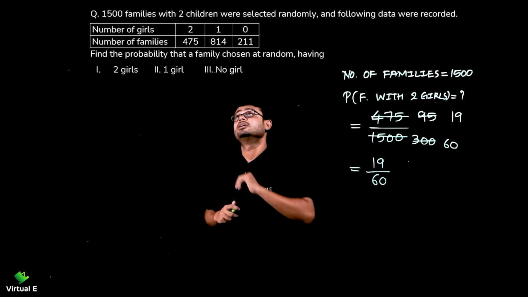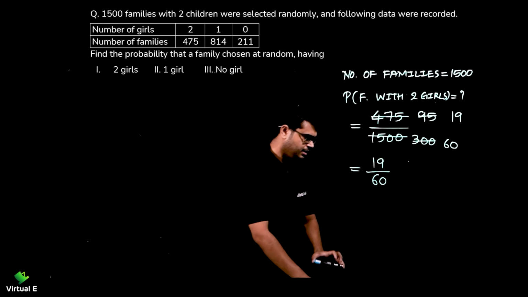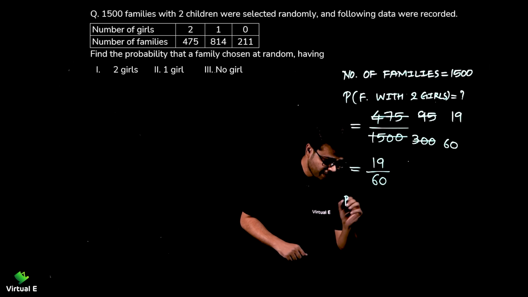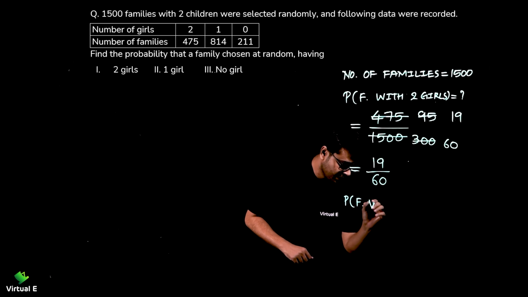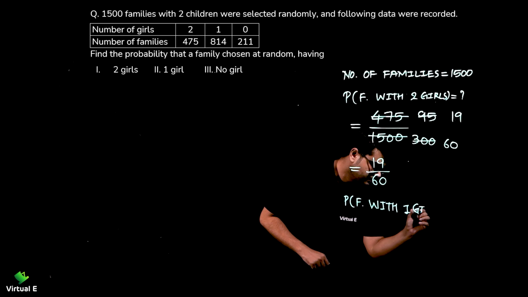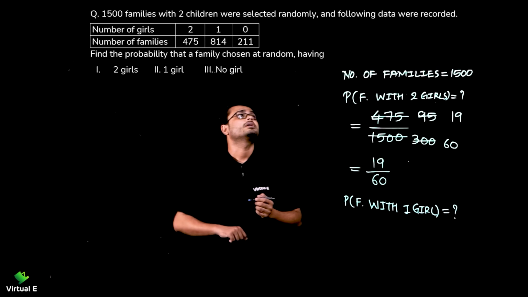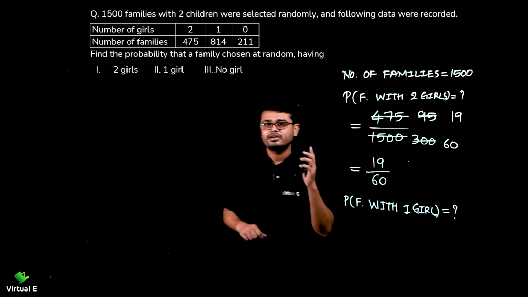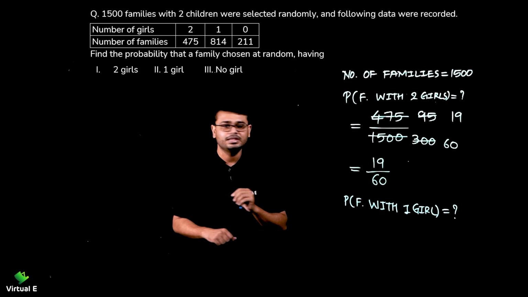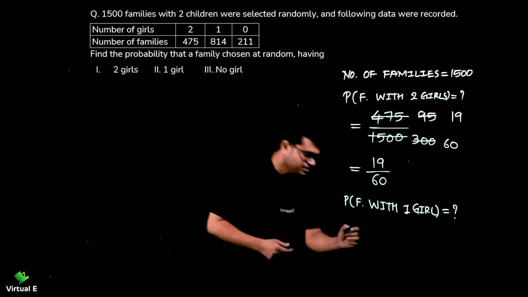Now we need to find the probability of a family with 1 girl. So let's start. Again here, the probability of a family with 1 girl is equal to question mark, right? How many families are having 1 girl? That is 814 and the total number of families is 1500. Again, that's very simple.